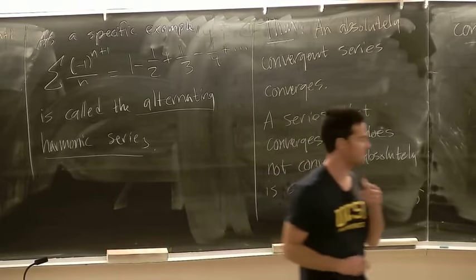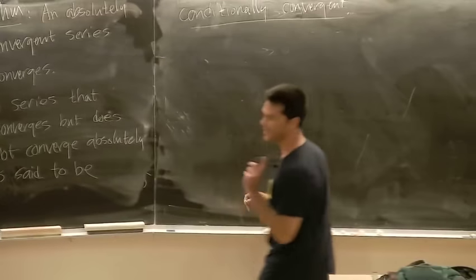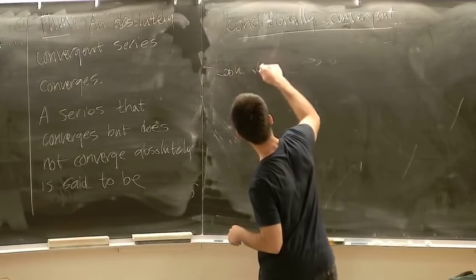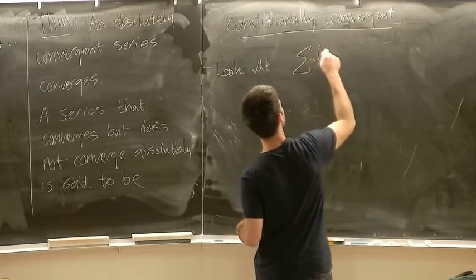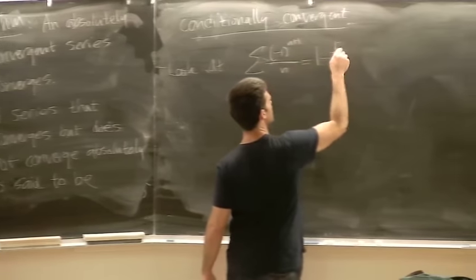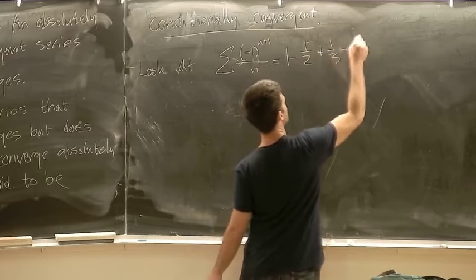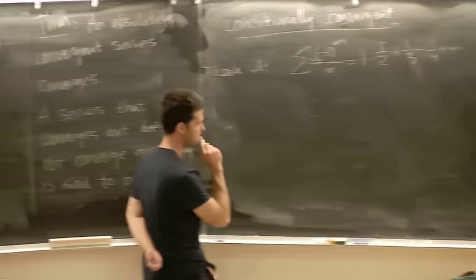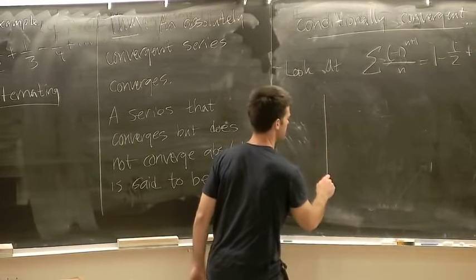By looking back at the alternating harmonic series a little bit more. So this guy, which is 1 minus 1/2 plus 1/3 minus 1/4, and so forth. Let's graph this guy.